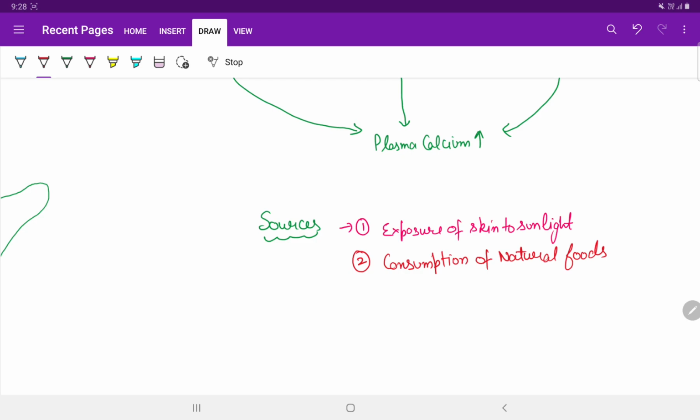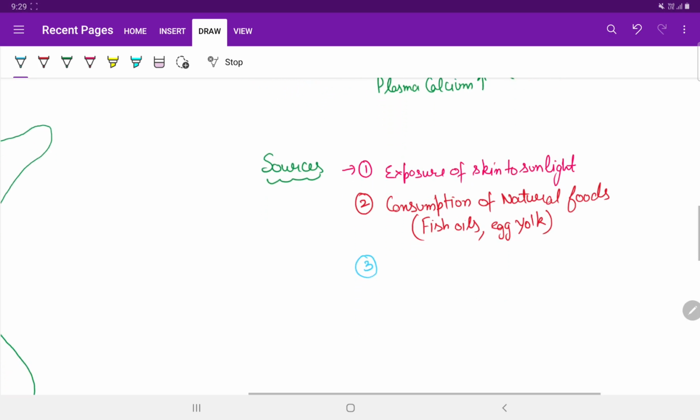The natural foods may include the fatty fish liver oils, or simply the fish oils, then the egg yolk. They contain the maximum amount of cholecalciferol. Milk is not a good source of vitamin D, remember. And the third is by irradiating foods like yeast that contain the precursors of vitamin D, and fortification of foods such as milk and butter.